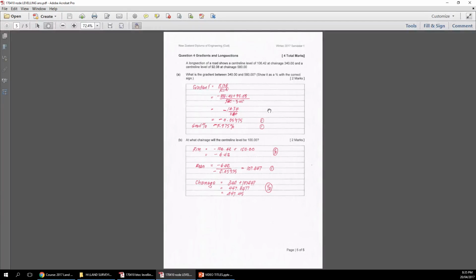Now you've got up the top there, gradient equals rise over run. So rearranging the formula, run equals rise over gradient. So you've got minus 6.42. Now remember that the gradient is expressed in a percentage, so the actual gradient is not minus 5, it's minus 0.05975.